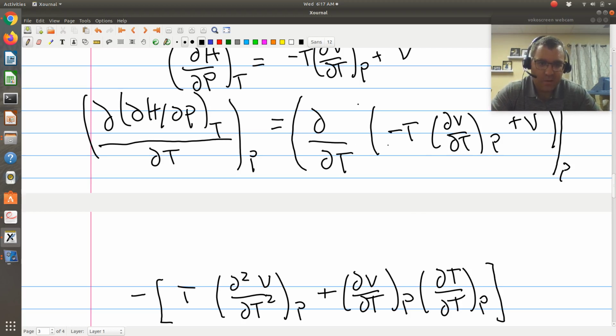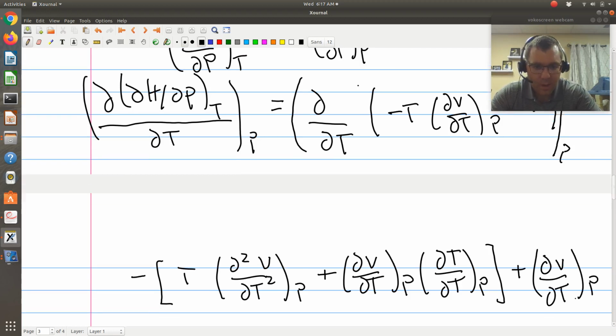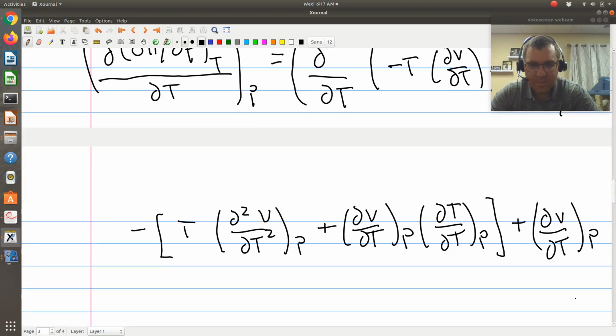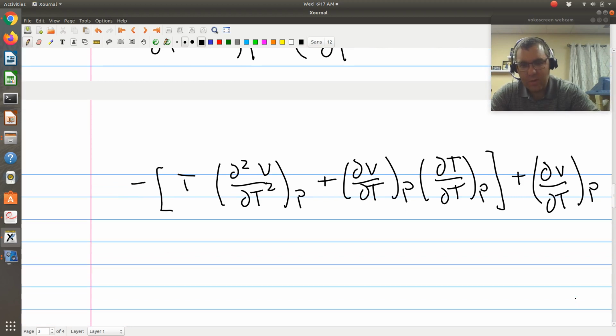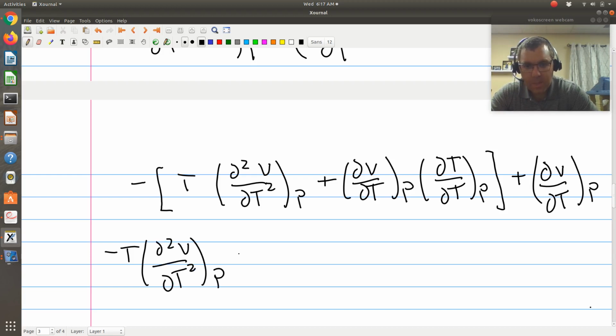Then I apply the differential operator to this last term, which is plus dV/dT at constant P. Let's see what this gives us. Putting that negative sign back in, I have negative T d squared V/dT squared at constant P, plus dT/dT at constant P, which is just going to be 1.